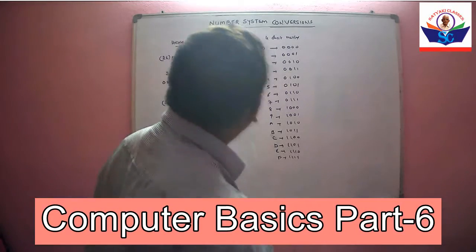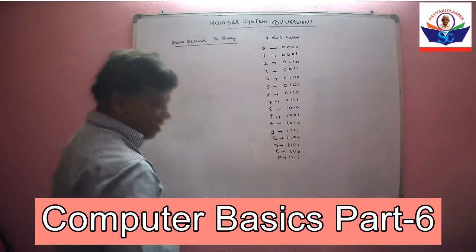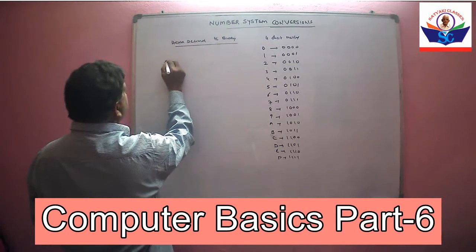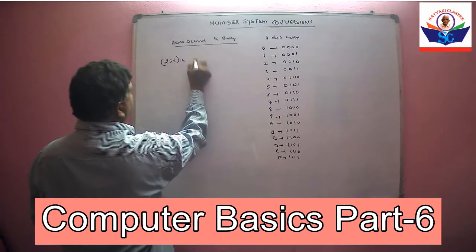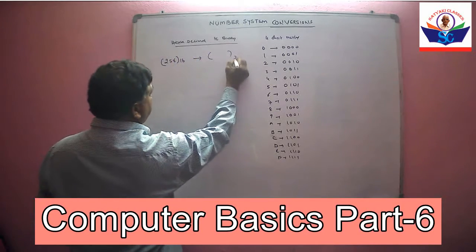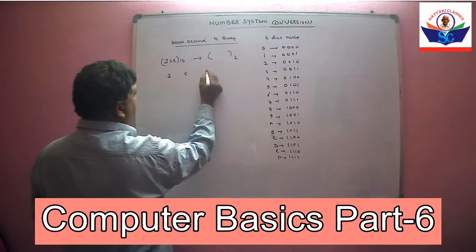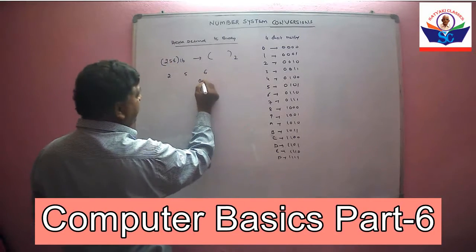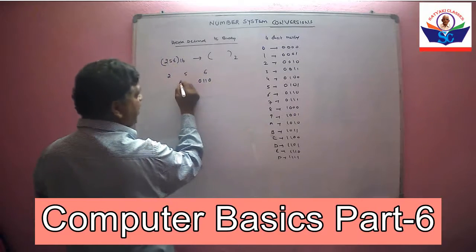Next, take another example. 256 in hexadecimal is equal to which number in binary? Write 256. What is the equivalent binary of 6? 0 1 1 0. Of 5? 0 1 0 1.